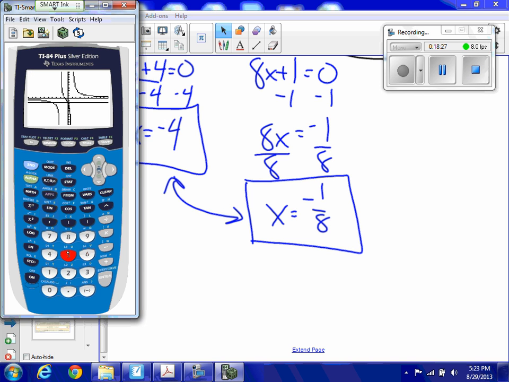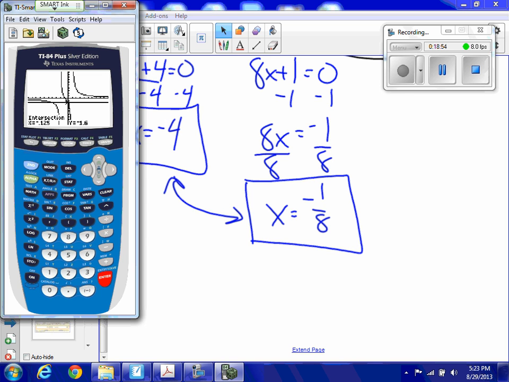So I push 5, and it's asking me my first curve, which is my y1 right here, and that's okay. My second curve, it's on y2 equals negative 8/5, and that's okay. I don't want to make a guess right now, but I'm going to press enter.